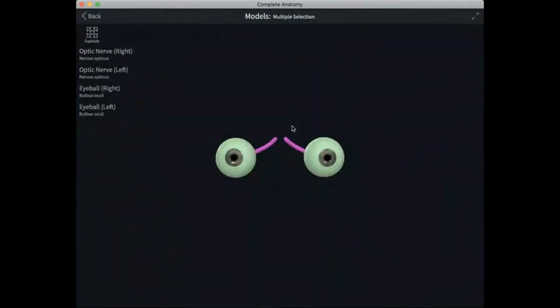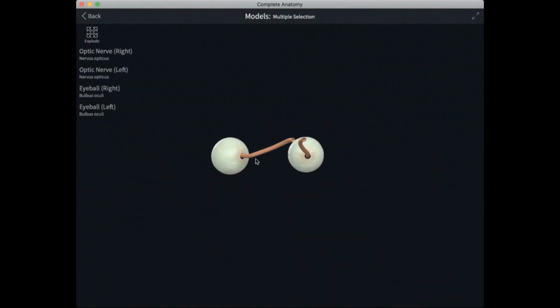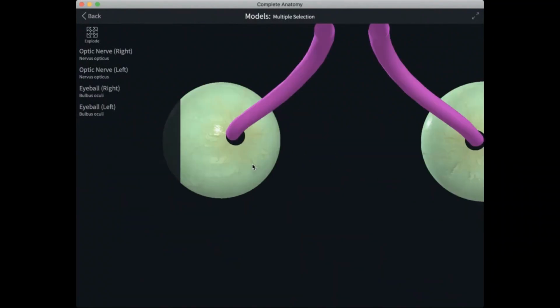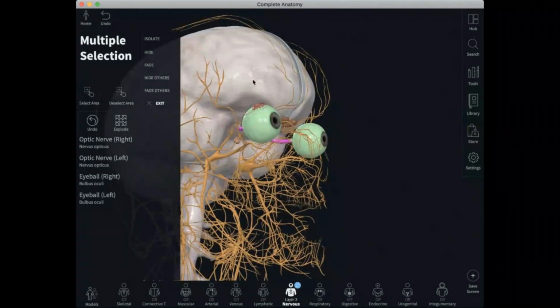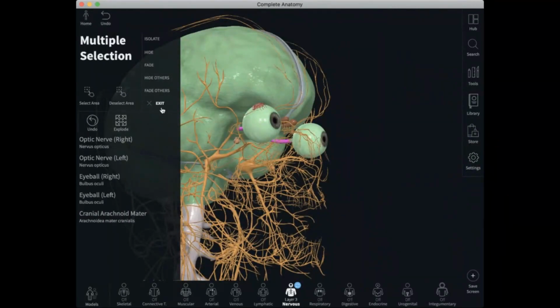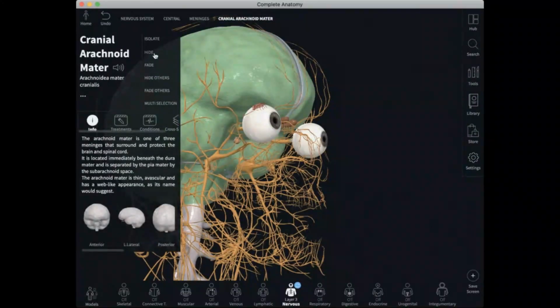Now when I isolate, you can see this optic nerve is entering the posterior aspect of the eyeball. Typically it is also covered by the dural sheath.